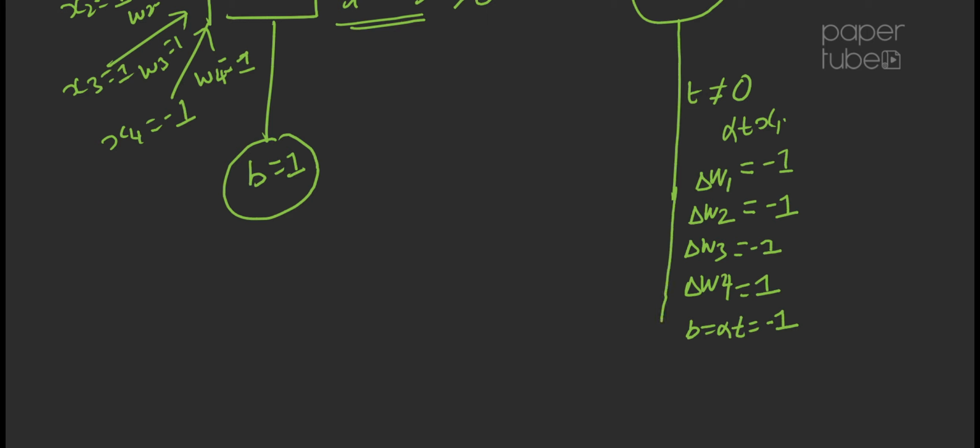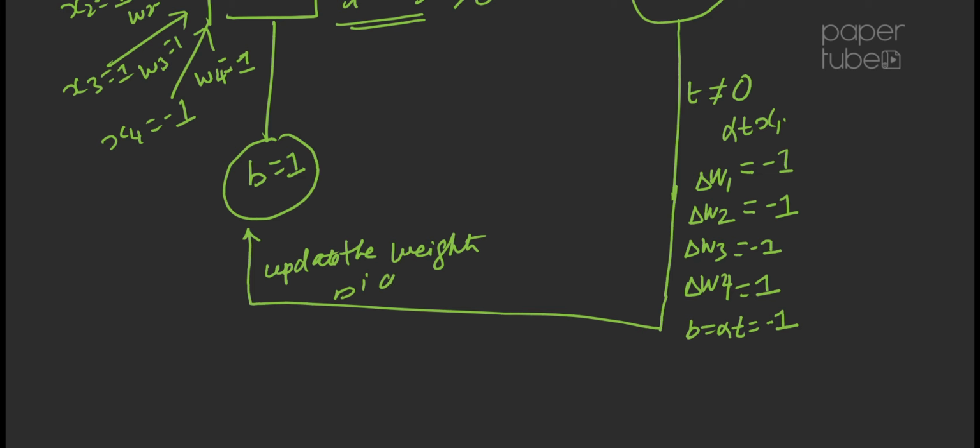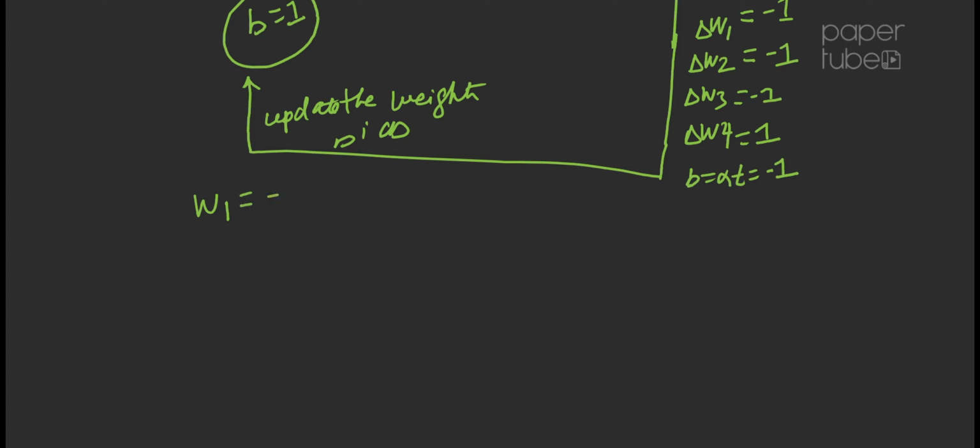And now it's time to update the weights and then the bias. It's a lot of calculations. So weight 1 will be equal to -1 plus the old weight -1, that makes it -2.